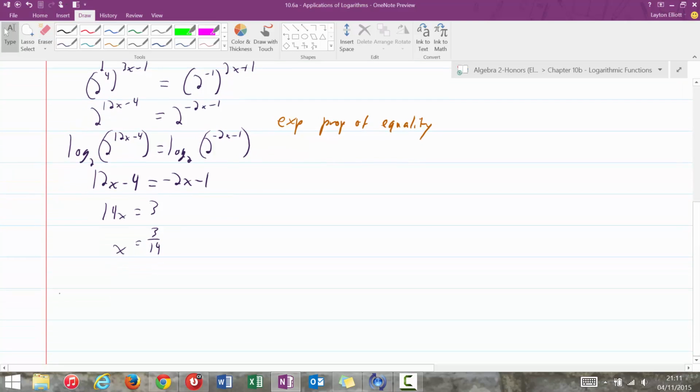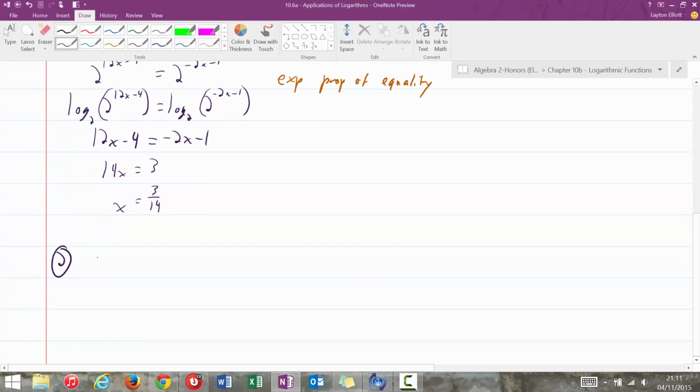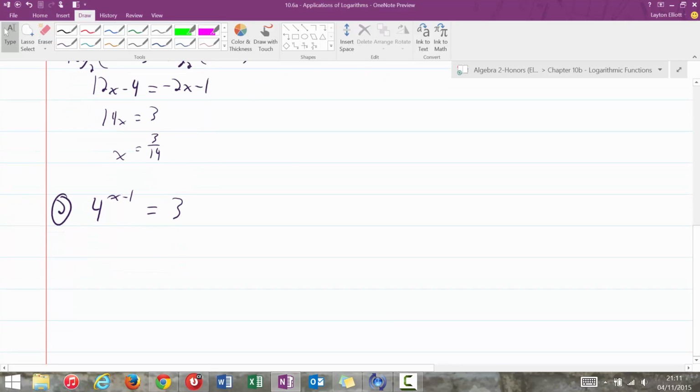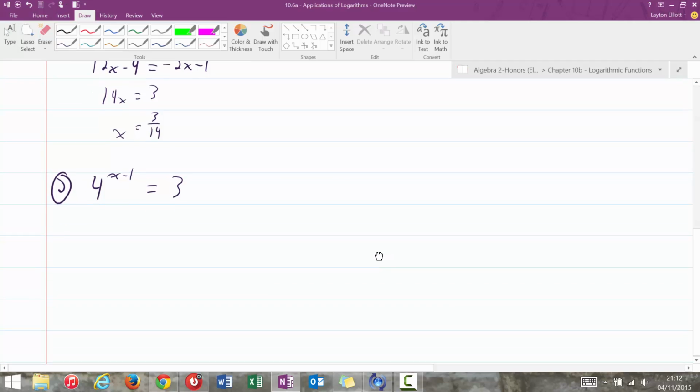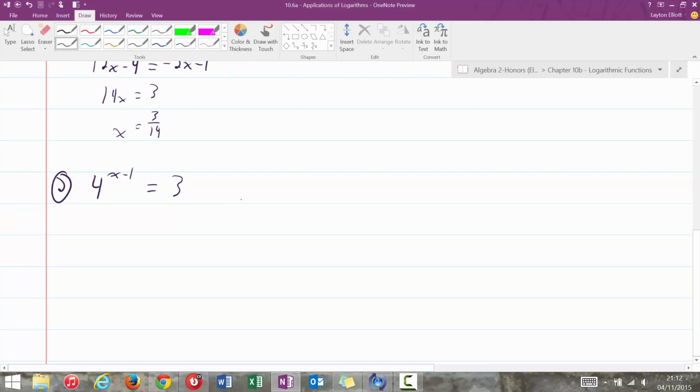But we're going to have some other problems, and here's one of them. Let's say that I have 4 raised to the x minus 1 is equal to 3. This problem requires a logarithm because there's no way to just change 4 and 3 into the same base. There actually is a way, but you're not going to use that until calculus. You would be able to understand it now. There's just no need to. But what we're going to do is convert this from exponential form into log form.